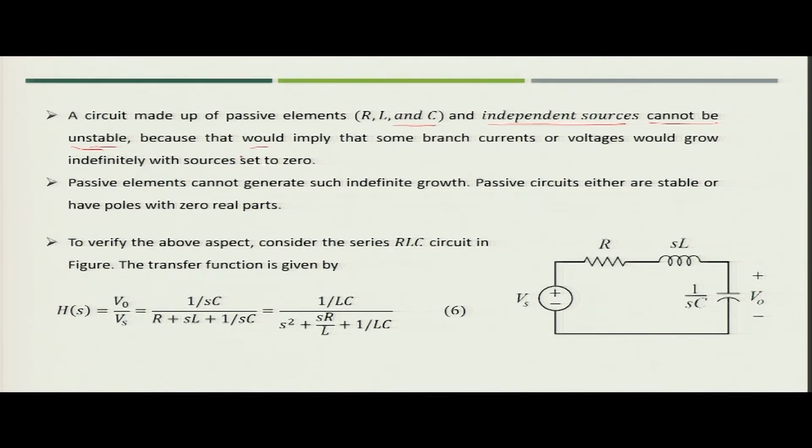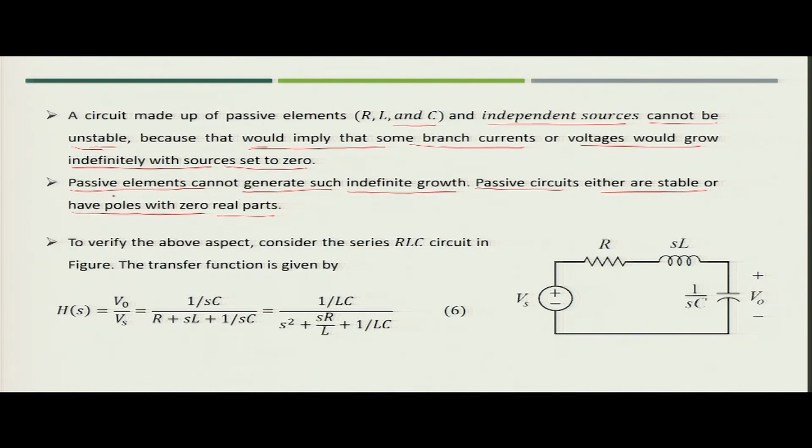If it were unstable, it would imply that some branch current or voltage would grow indefinitely when sources are set to 0, which does not happen practically in circuits having R, L and C components, because R is the component responsible for decaying the response. So the passive elements cannot generate such indefinite growth. Passive circuits are either stable or have poles with 0 real parts.